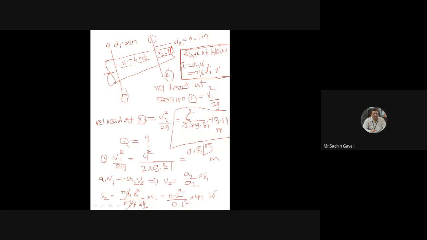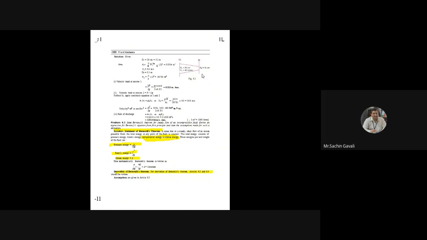That V1 value I calculated; V1 is equal to 4. So Q is coming as A1 V1 or A2 V2, which is 0.1256 meter cube per second, or in liter per second it is 125.6 liter per second.